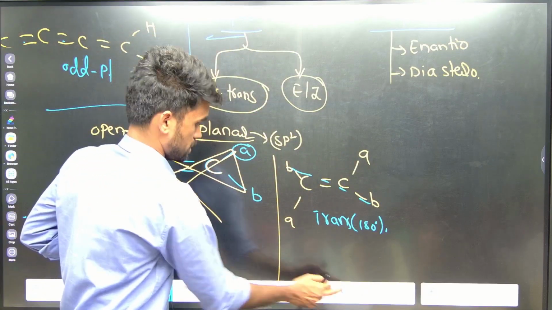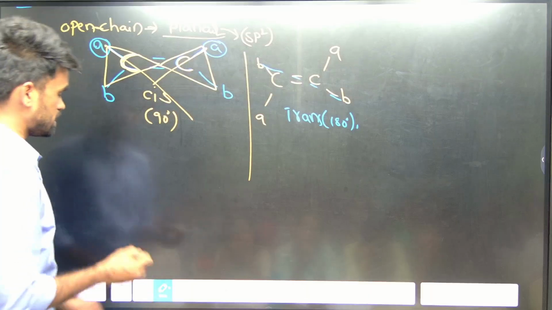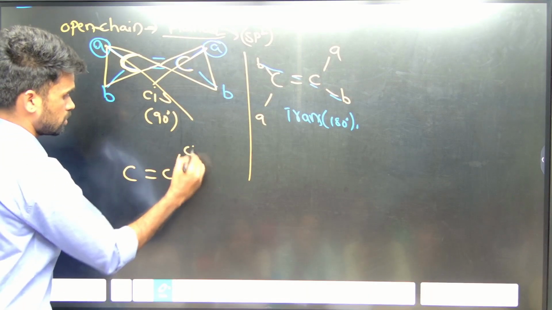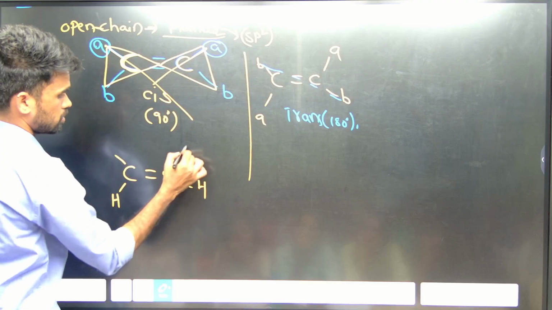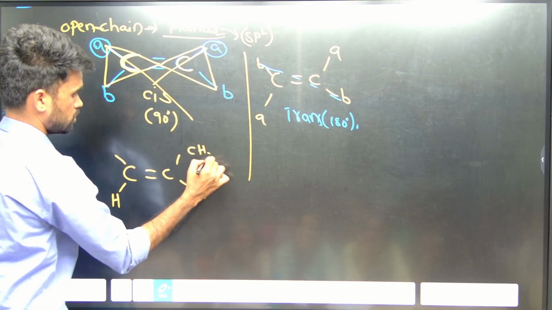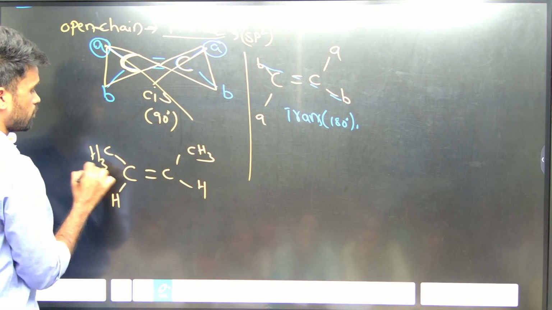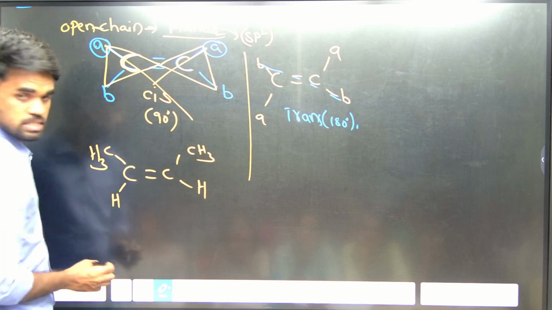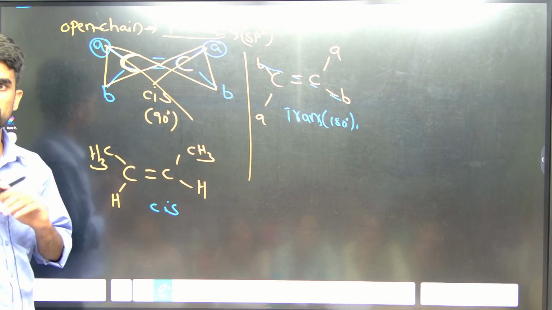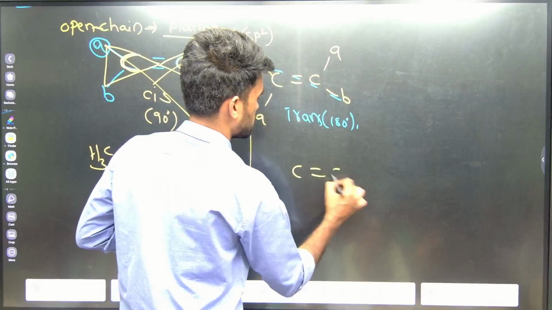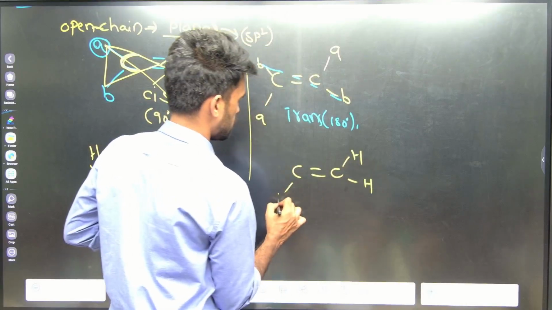Okay, next one. You just tell me, what about this? Cis. Okay, fine. So you got cis-trans isomerism. Now, just one last example.